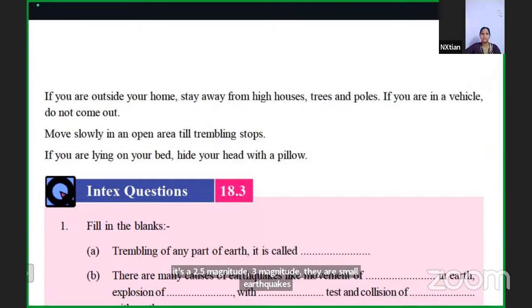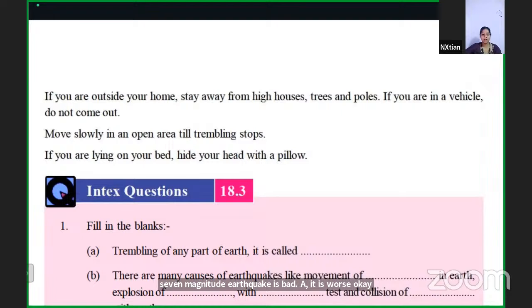But then earthquakes from 7 magnitude and up start getting more and more intense. A 7 magnitude earthquake is bad. 8 is worse. 9 and 9.5 is way worse, meaning a very powerful and intense earthquake. So that is used to measure the intensity of an earthquake.